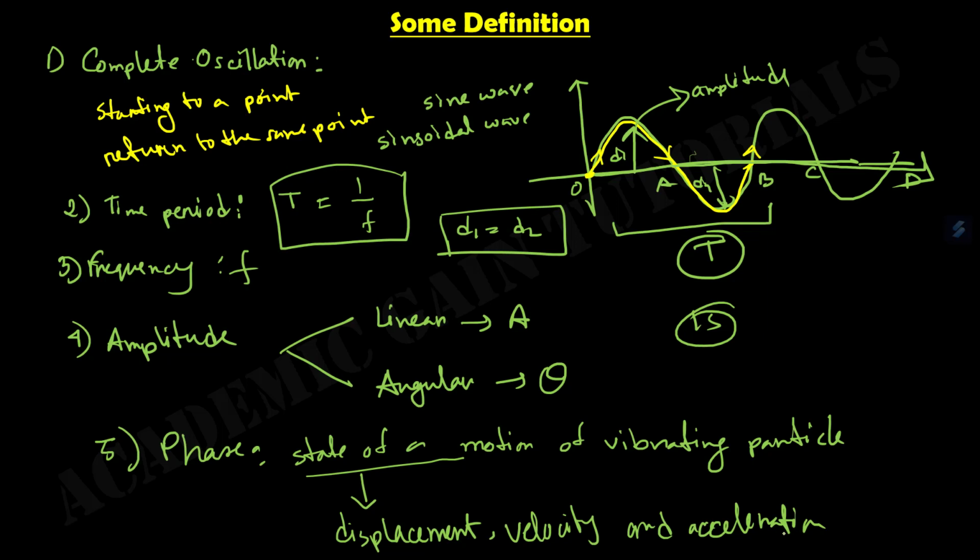So at any instant this displacement, velocity or acceleration is the state of its motion, and this state of motion of the vibrating particle at any instant is known as the phase of the particle at that instant.